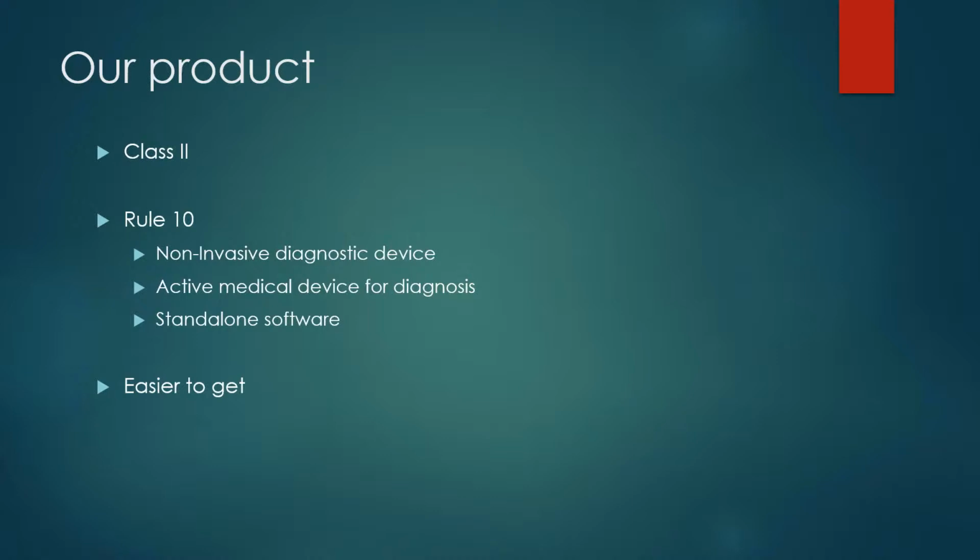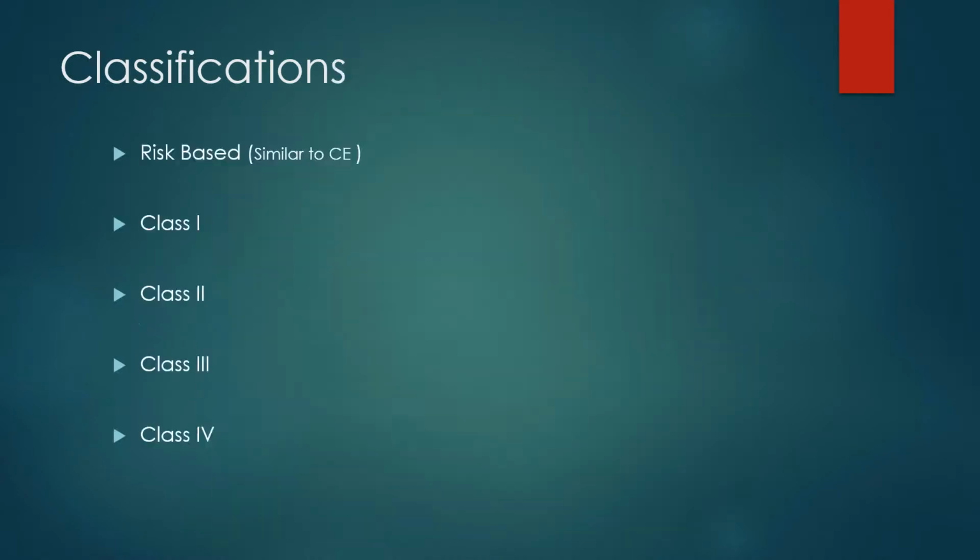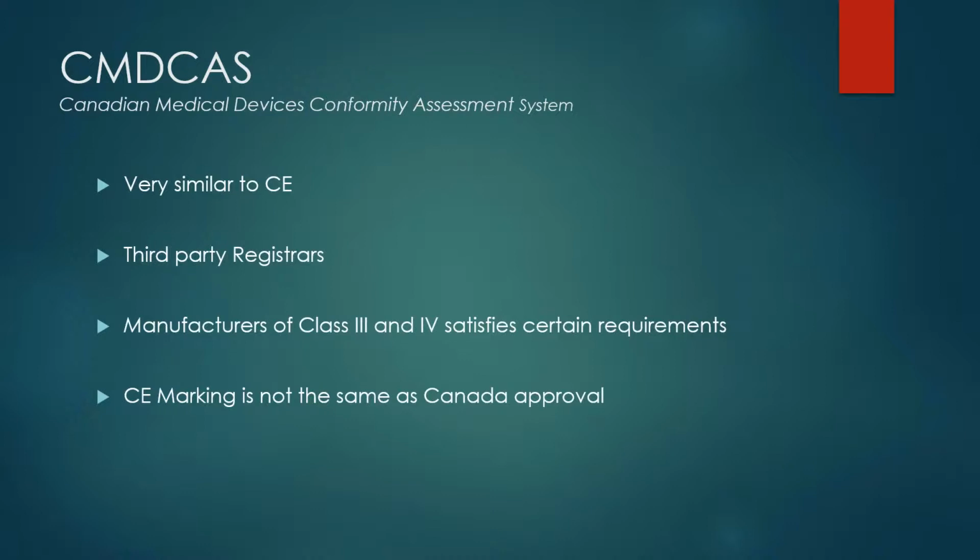Our target market is not the government. Our target market is third-party registrars, who help us get approval from the government. This medical device, we cannot sell it in the supermarket, right? We can sell it to hospitals. The hospital will ask, do you have the government approval?